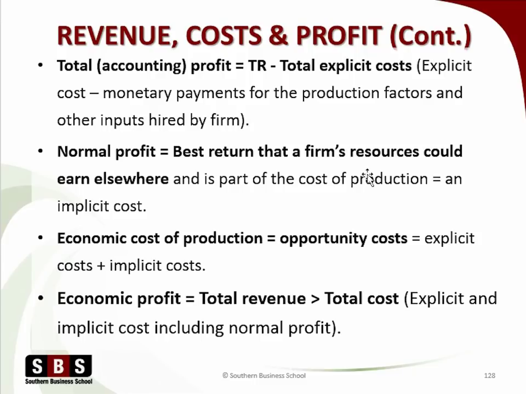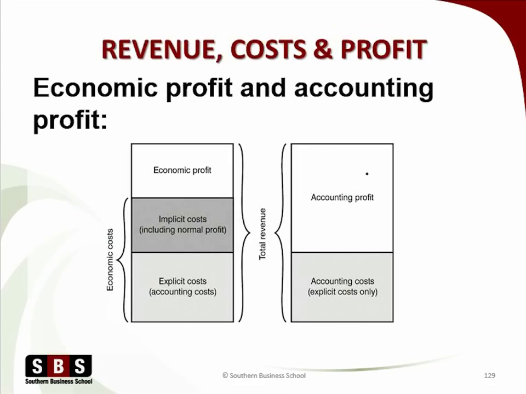For a business to operate profitably, revenue should be bigger than the total cost. Now this little table you need to take note of. You must distinguish between economic profit and accounting profit. That's the difference: economic profit takes into account explicit and implicit costs. It's normally a bigger base that you need to take into account. Accounting profit is only the explicit costs.